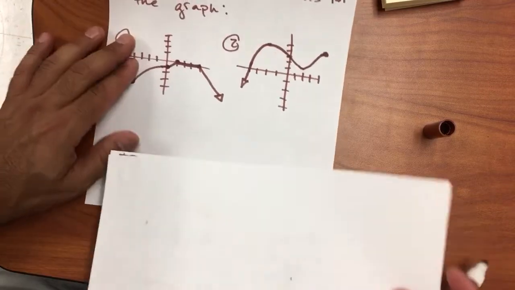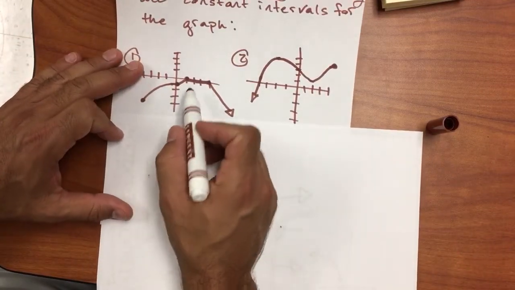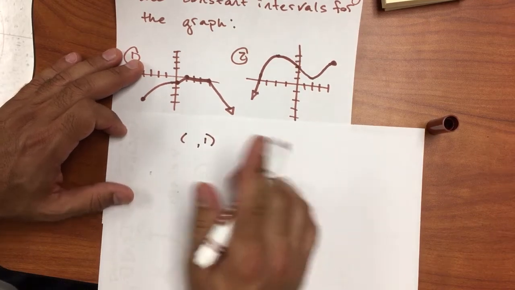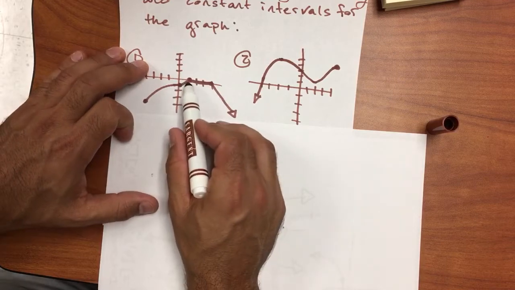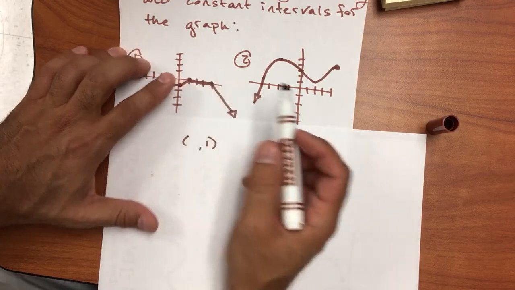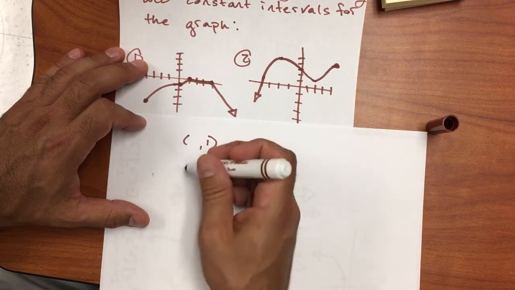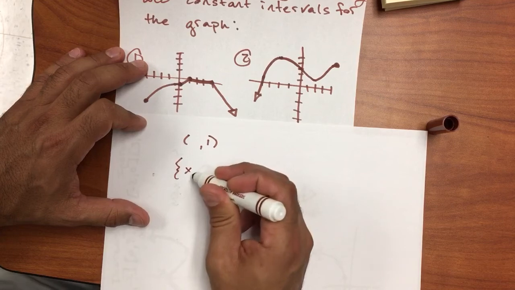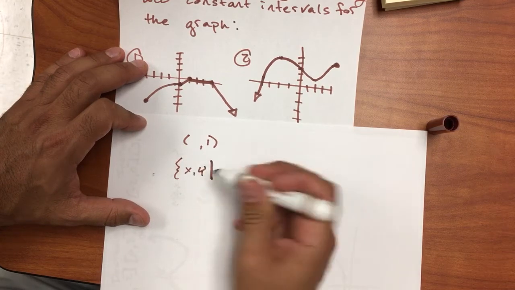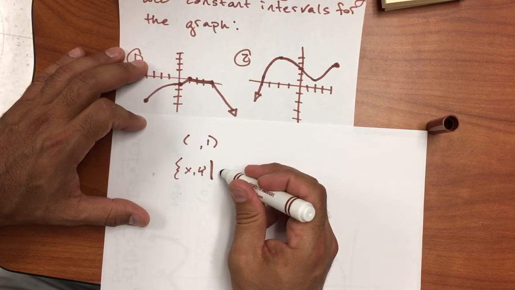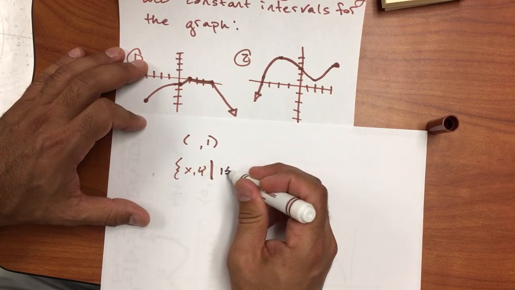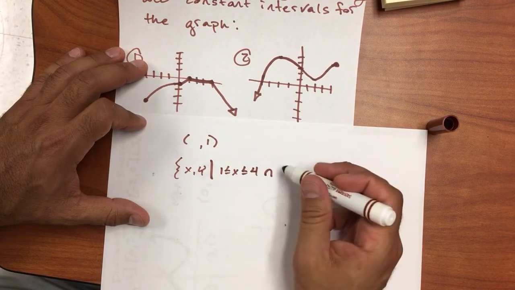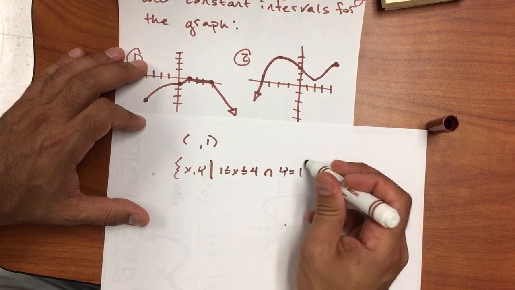So I'm going to do this first one. Relative maxima on this guy is the highest value. The highest value is at y is 1. That's actually going to happen on a domain from 1 to 4. So I need to do it like this. x and y follow the rule that 1 is less than or equal to x is less than or equal to 4, and y equals 1.